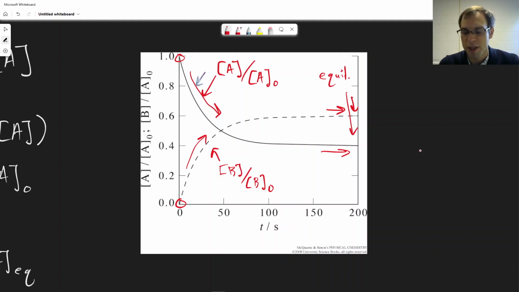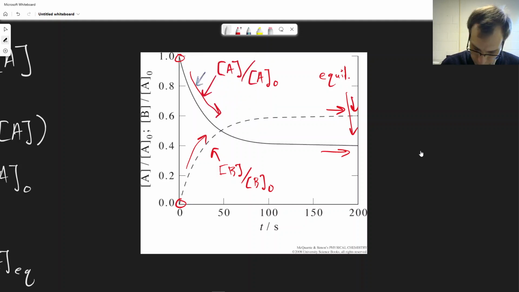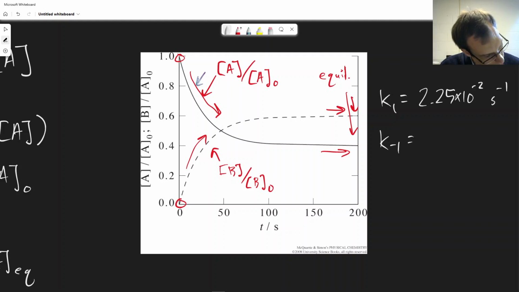So this is a plot from your textbook with some specific values of the rate constants. Let me just write those down so you have them. So the rate constant K1 is equal to 2.25 times 10 to the minus 2 per second. And K minus 1 is equal to 1.5 times 10 to the minus 2 per second.